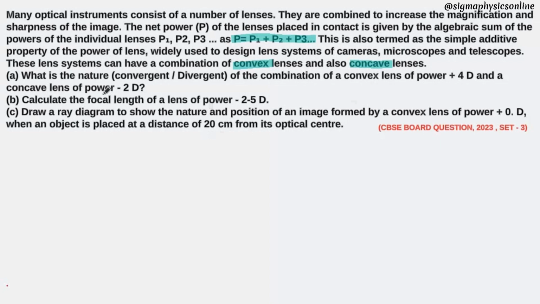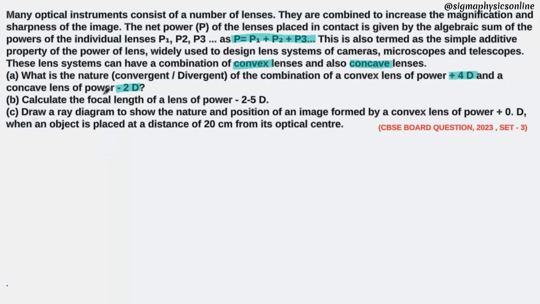So here we are talking about the combination of lenses. So how are various lenses combined to give the desired effect? Now the questions that follow are: what is the nature, whether it's convergent or divergent, if a convex lens of power plus 4D and a concave lens of minus 2D are combined together?